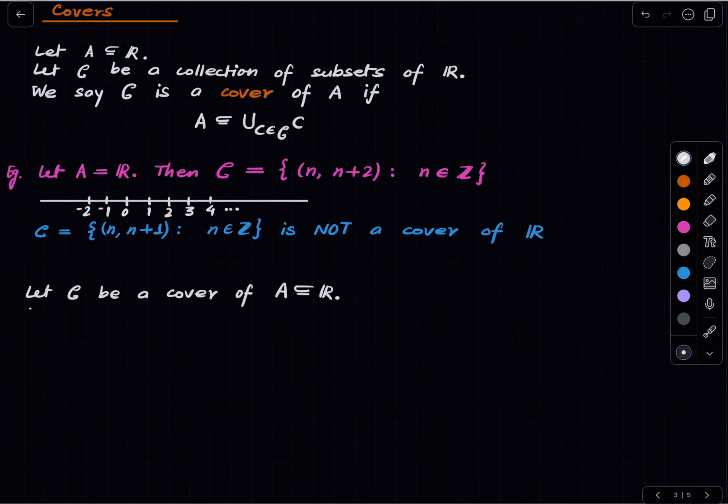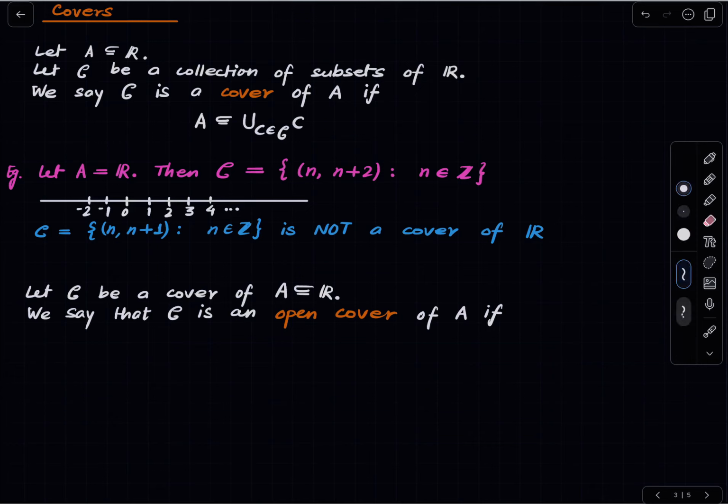We say that C is an open cover of A if each element of fancy C is an open set. Very simple definition. So an open cover is just a cover where we have an extra constraint that every element of the cover must be an open set.